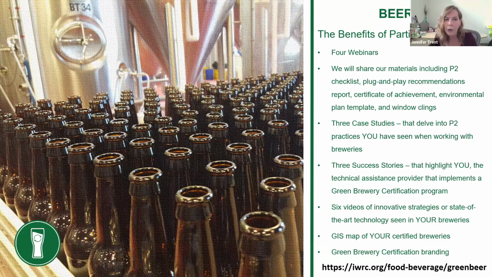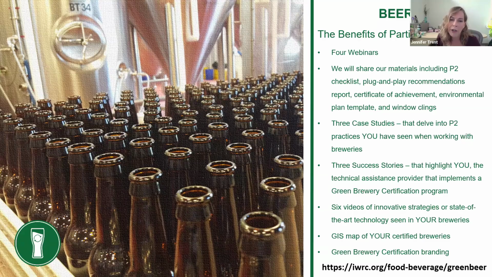So when you walk into a brewery and you conduct a brewery audit, you can basically just take the checklist and check off what you're looking for. And then any of the strategies that are left at the end of the audit that breweries haven't implemented, basically you just do a plug and play recommendations report for them.